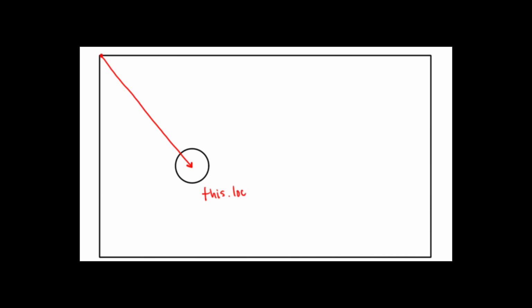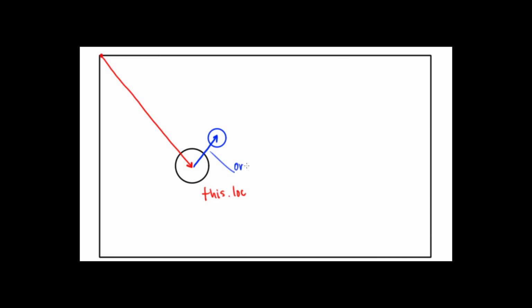Now I want to create an orbiter. So I will simply place the orbiter some distance away, whatever the radius is. So here is my orbiter, and I will draw that with a blue vector. First of all, I'm going to move it a certain distance away from the center. And so that distance is going to be the orbit radius.